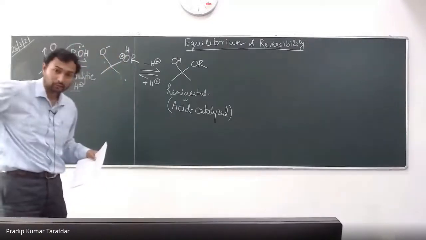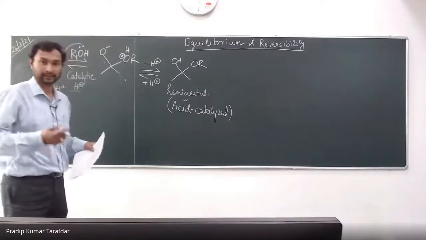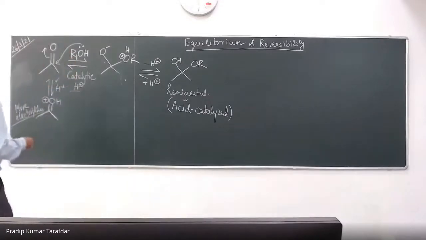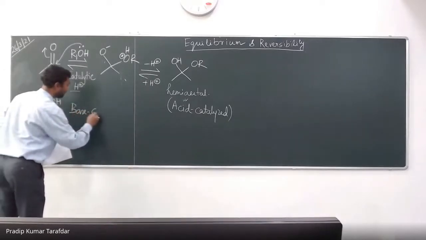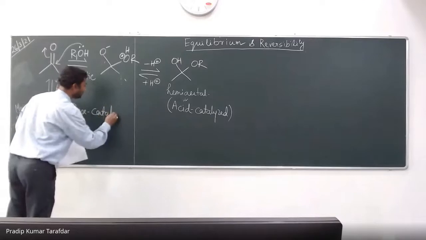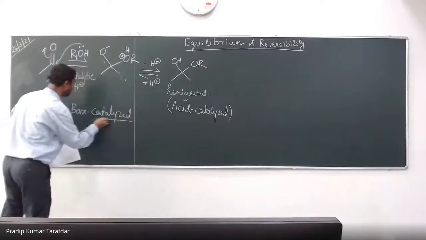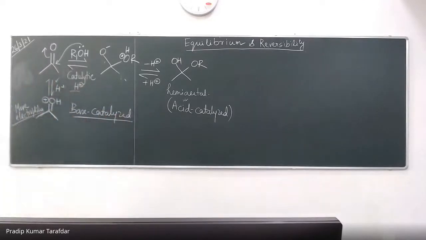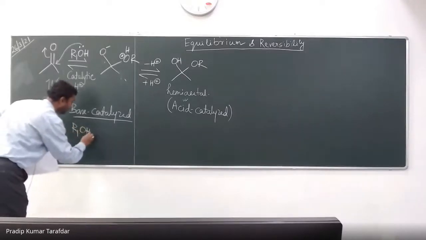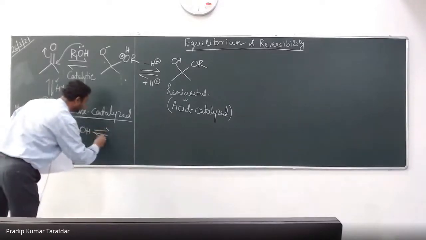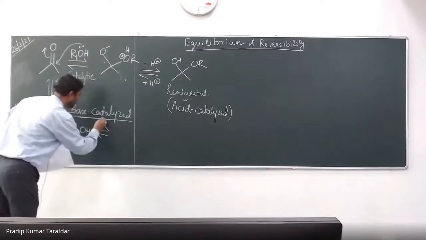So hemiacetal formation also can be base catalyzed. So what is the mechanism? In presence of base also it is possible. Mechanism is this. Suppose you have R1OH in presence of OH minus, what you will get?